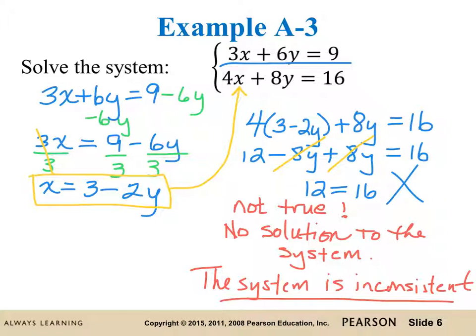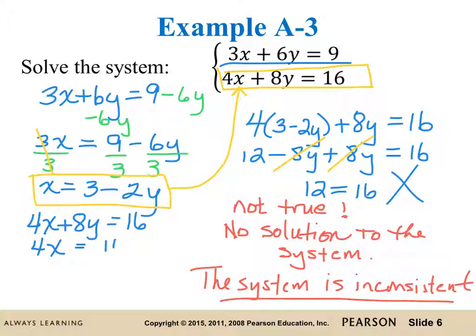If you wanted to verify that it has no solution, you could take the second equation and solve it for x, which would give me 4x equals 16 minus 8y, and dividing every term again by 4, the coefficient of x, I will wind up with x equals 16 over 4 is 4 minus 8 over 4 is 2y.